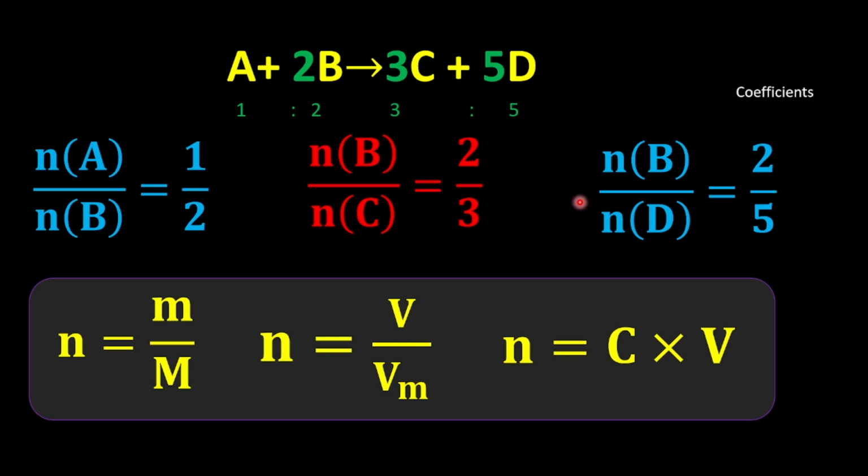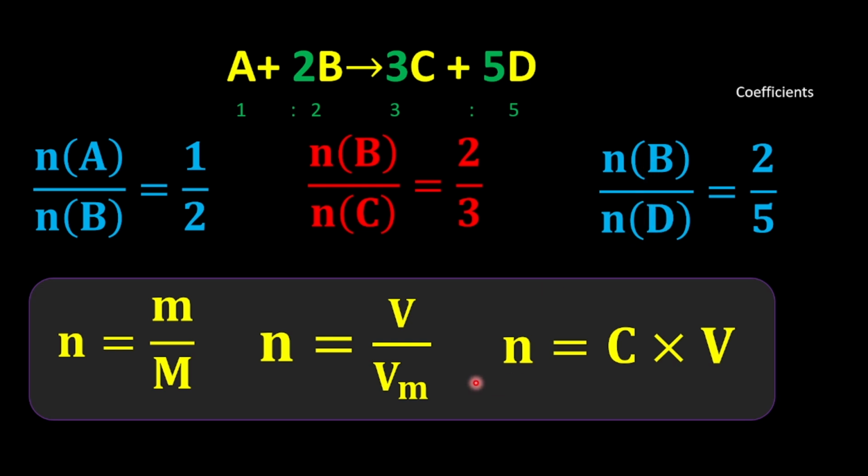Then in place of n of B, we are going to have V over Vm. Now let's move to D. Assuming the question says calculate the concentration, what do we do? It simply means that down here we are going to use C times V. Please take note of that.